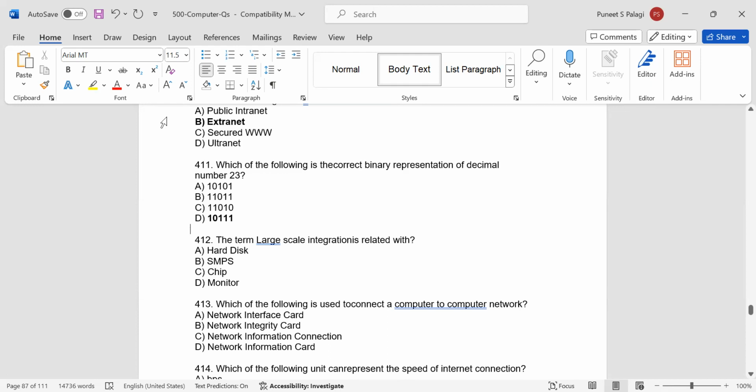Then the term large-scale integration is related with hard disk, SMPS, chip, monitor. It is related with chip.